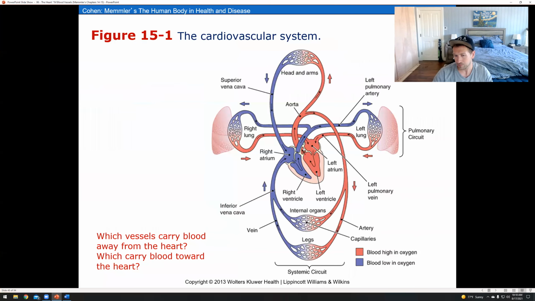And like I said, it's all connected to the heart. The end of the circuit is the heart on both ends, and the rest of it is your tissues. So blood is going from heart to lungs to heart to body, heart to lungs to heart to body, over and over and over again. It's a big double figure eight.